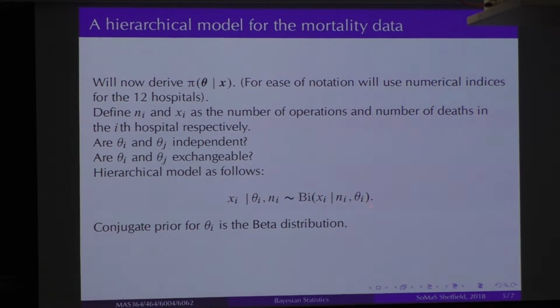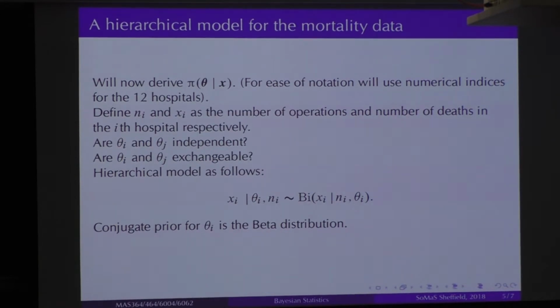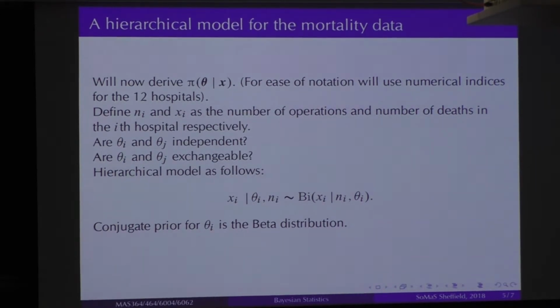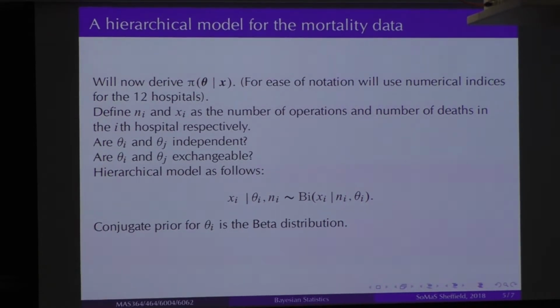So we have that model. We have a binomial. We have 12 of those. And now we need a prior for the thetas. And as I mentioned Tuesday, a natural candidate would be a beta distribution. And that is because the beta distribution is defined in 0, 1, just as these probabilities, right? So that makes an easy choice somehow. And we know that, at least conditionally, these theta i's are conjugate, okay?